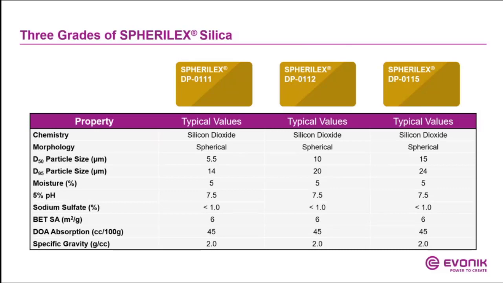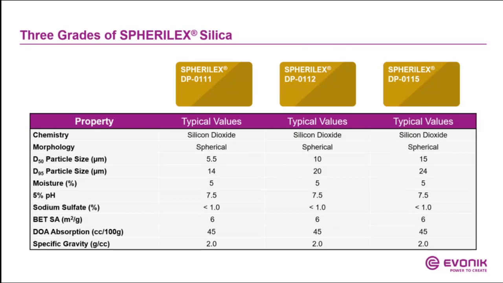All the other parameters are similar for all the products. But in general, you see that we have a very low BET surface area of around 6 square meters per gram and a very low oil absorption number of around 45 grams per 100 grams, which is very low for a filler particle and which is similar to common fillers, not to other silica particles like fumed silica or matting agents.